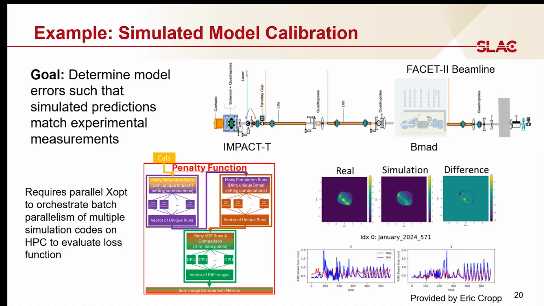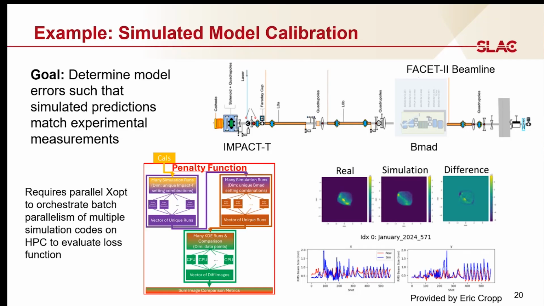In this case, we have a collection of experimental data, maybe 150 to 300 measurements. And to do that full comparison, we actually need to run a simulation for every measurement. And so in this case, Xopt is orchestrating the parallel evaluation of a large number of beam dynamics simulations in order to compare their predictions to experimental measurements.